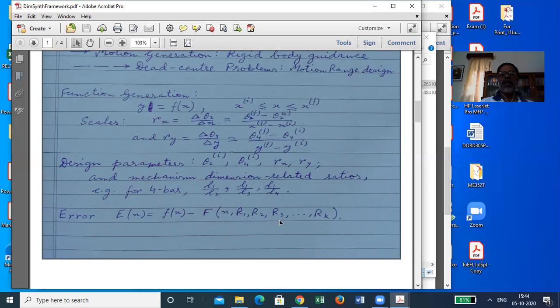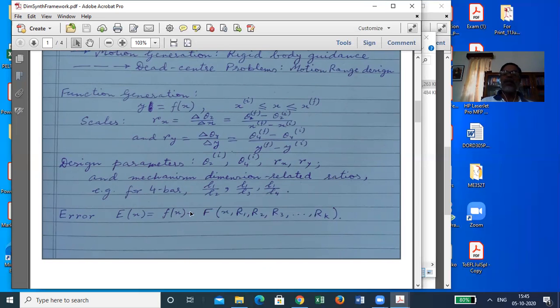As a function of x, this whole thing will produce some function. Perhaps that will not be y, it will be something else. But whatever that is, let us call that capital F. So f of x is what we wanted, and capital F depends upon x and these parameters, which define the function, and x is the argument of the function.